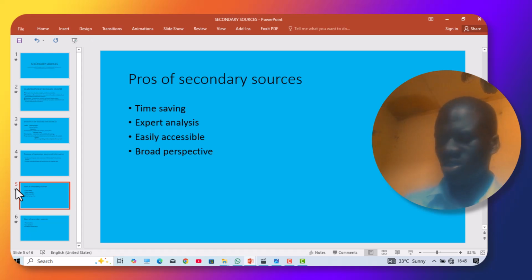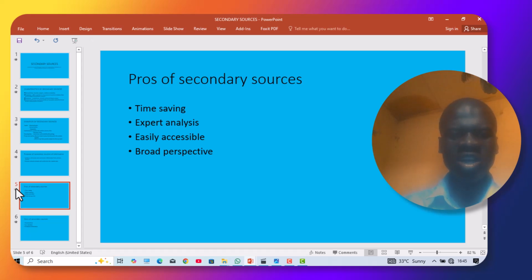So here we are saying it is time saving, because here you are dealing with summarized data, reducing the effort needed for research.